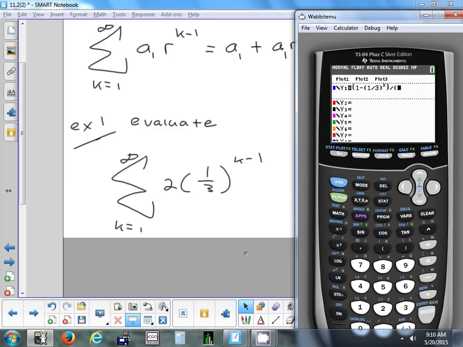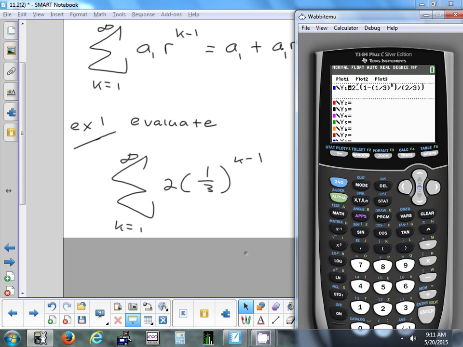In this case, r is 1/3. You could write it as 1 minus 1/3, or you could just put 2/3. And now all of that is multiplied by A1. A1 is in front, so I'll just put parentheses around the whole thing. Any questions on how I typed that in?